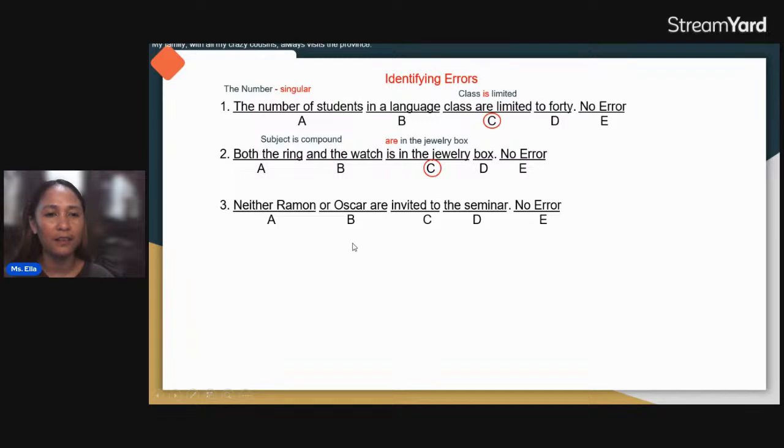Number three, neither Ramon or Oscar are invited to the seminar. Again, neither Ramon or Oscar are invited to the seminar.